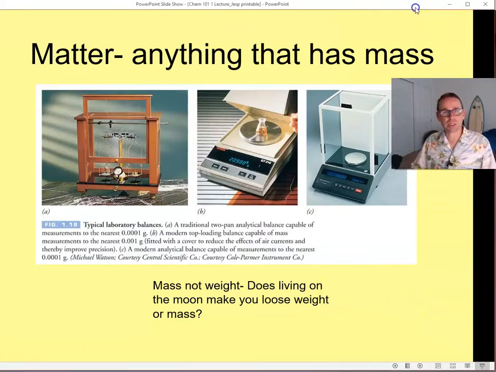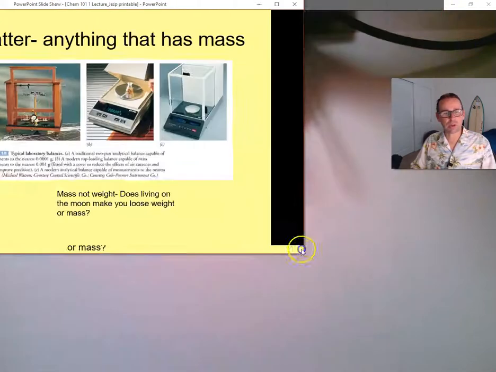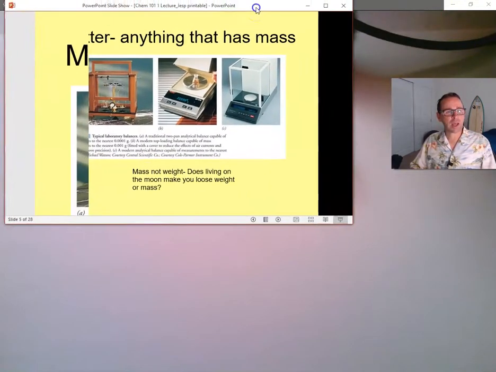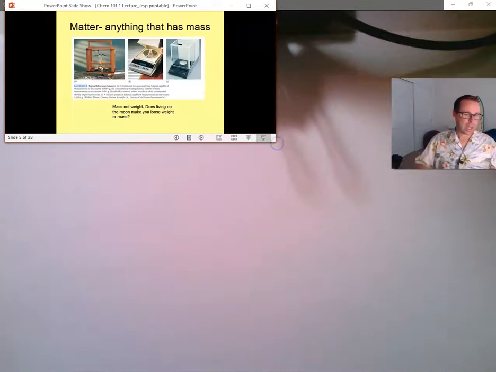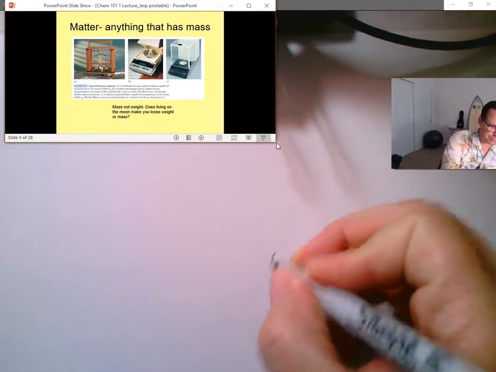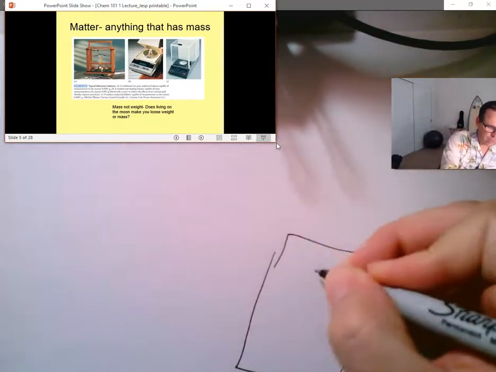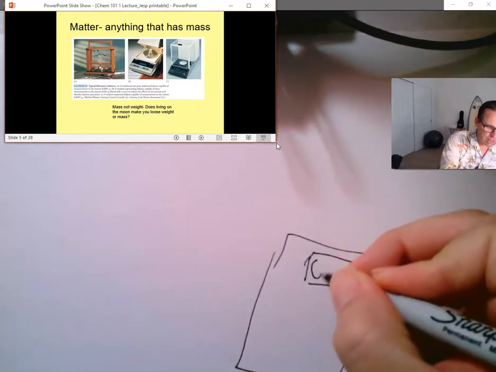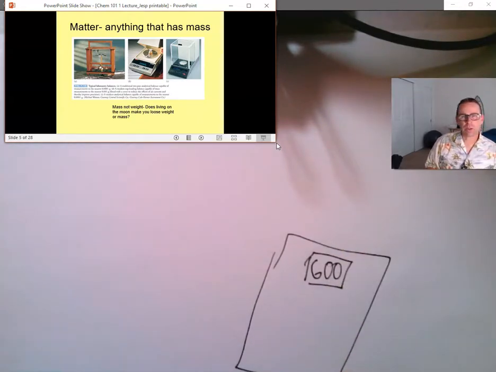So let's show some examples, and you might have seen this example before. If I have a scale, and I stand on my scale, and let's say I'm a big guy and I weigh 600 pounds, right?